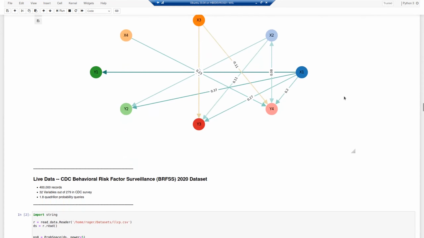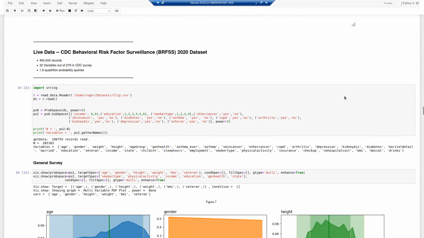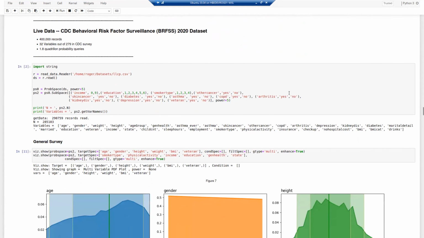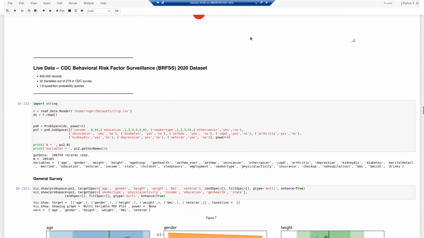And now we're going to move to some live data. For live data, we're looking at a data set that comes from the CDC called the Behavioral Risk Factor Surveillance data set from year 2020. They surveyed 400,000 or so people and asked them 279 questions about health and risk factors and demographic factors.